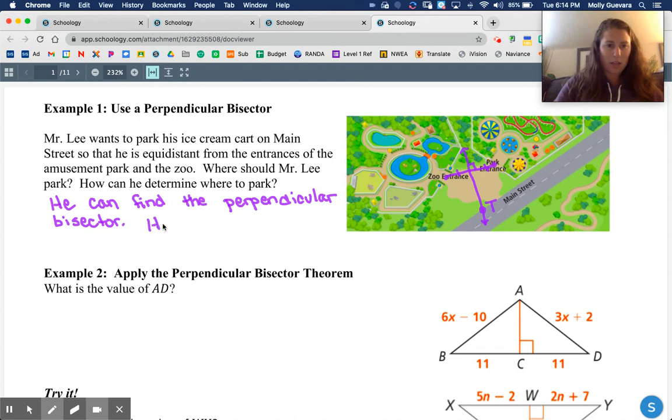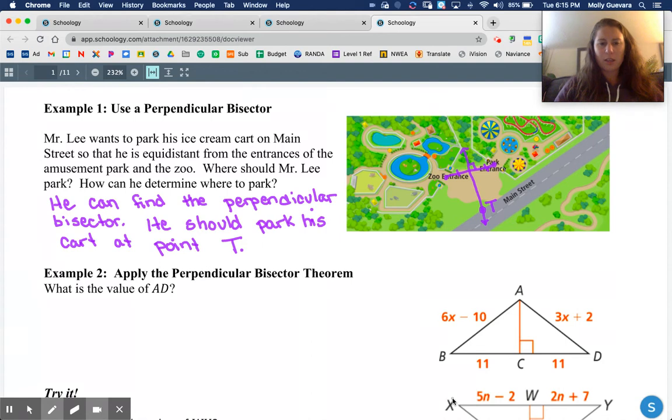So he should park his truck, or his cart, excuse me, his cart at point T. So just keep in mind that the perpendicular bisector, the distance to the end points is always going to be the same.